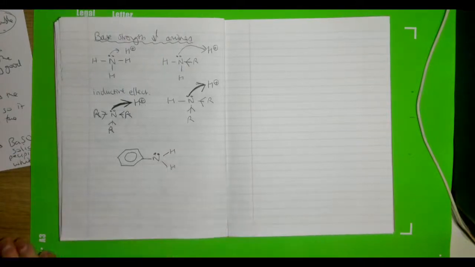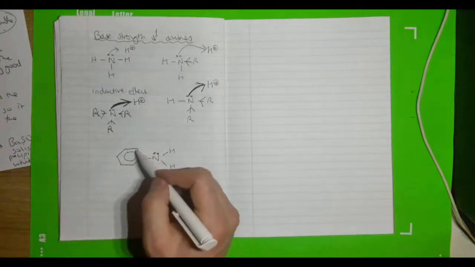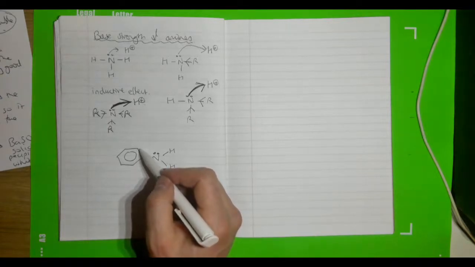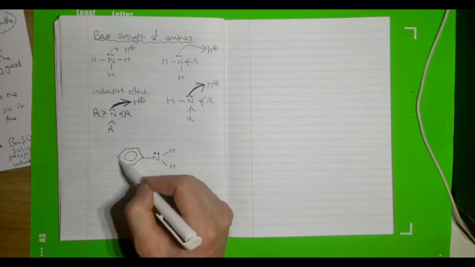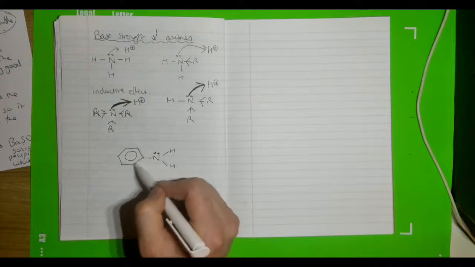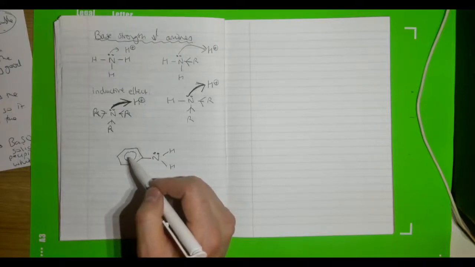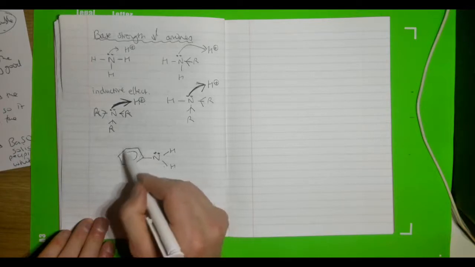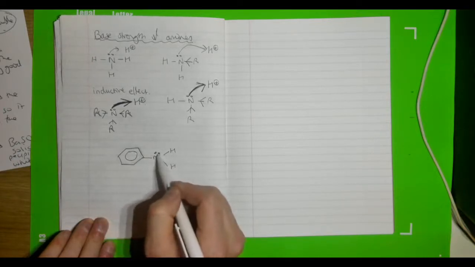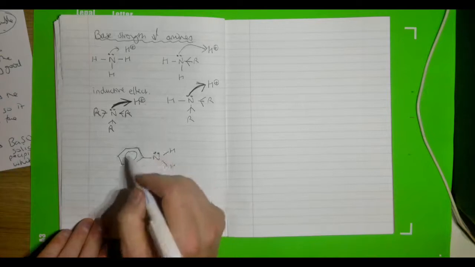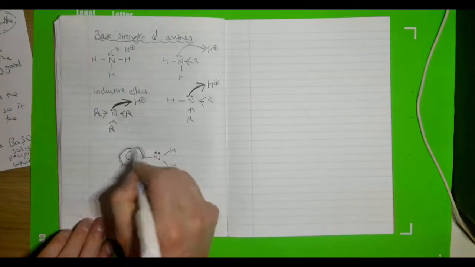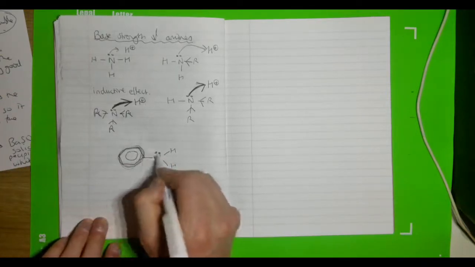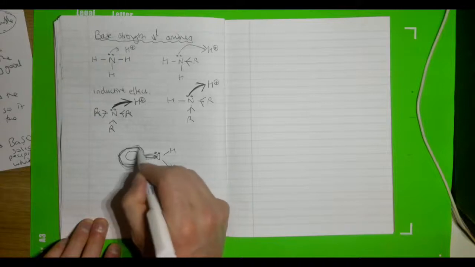What happens is we don't just get delocalization of those electrons in those 6 carbons there, you actually get delocalization of those electrons in those 6 carbons there and that lone pair. So you get delocalization around those 6 carbons and that lone pair here as well.